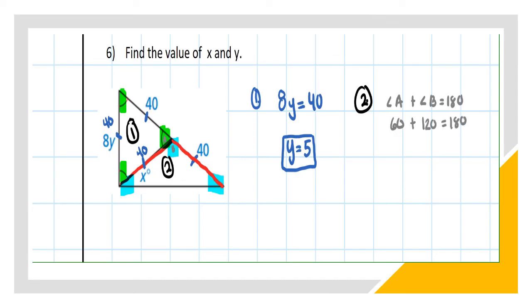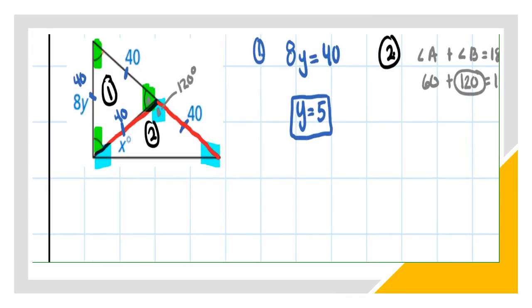If it forms a straight line, then it's going to measure 180 degrees. So angle B plus angle A would be 180. We know that angle A is 60, so angle B will need to be 120 degrees, so that together they add up to 180. Let's label that in the diagram.